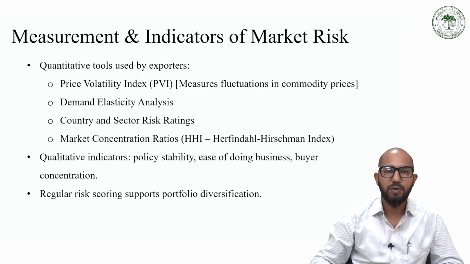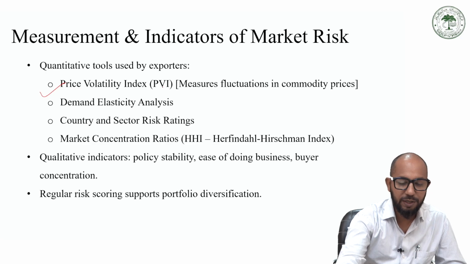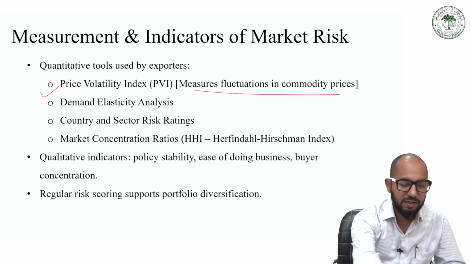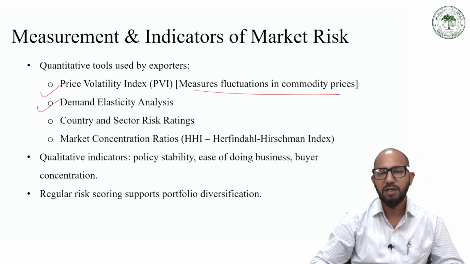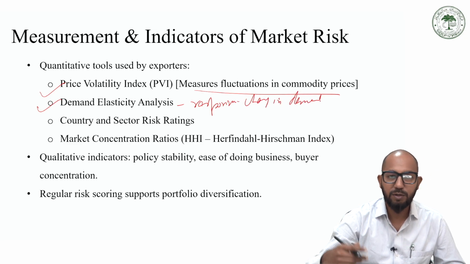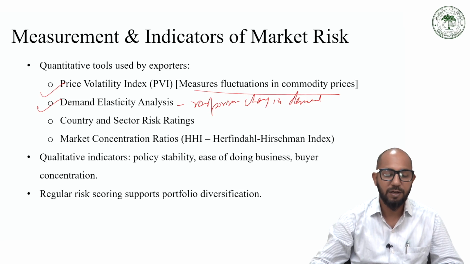Let us now try to understand the measurement and indicators of market risk. There are different quantitative tools that can be used by exporters, such as price volatility index, which measures fluctuations in commodity or product prices. The second is demand elasticity analysis, where the responsive change in demand of the product with respect to changes in prices can be identified.